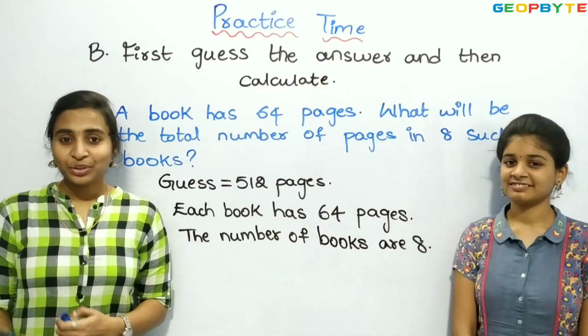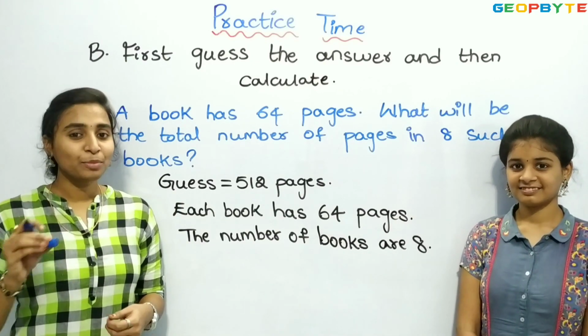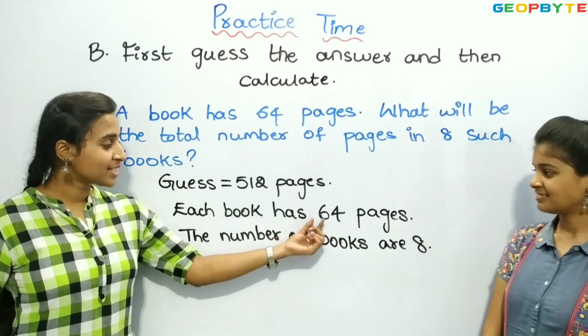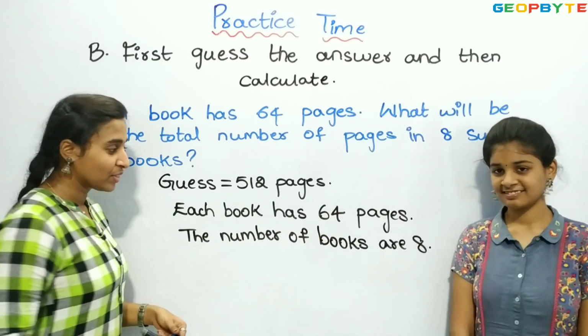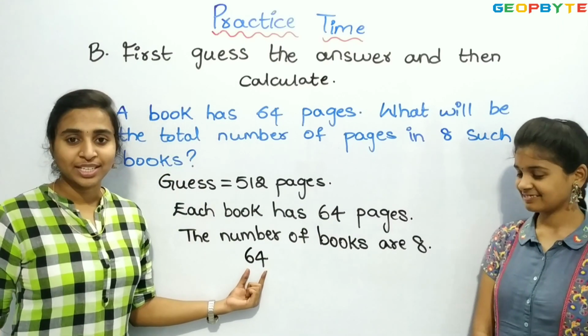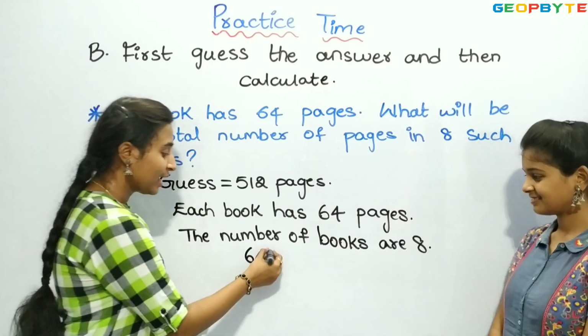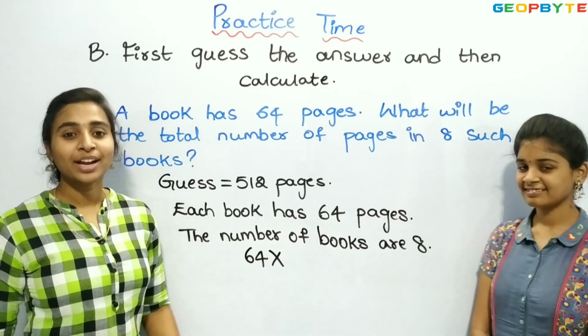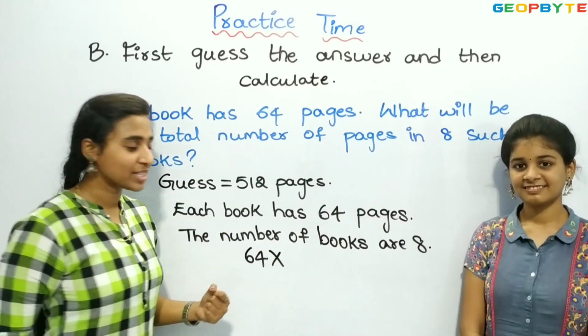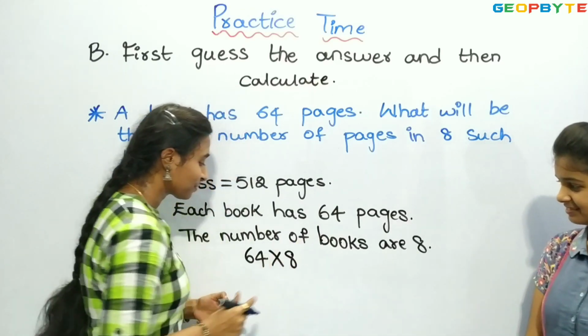Now children, to find out the total number of pages in 8 books, we need to multiply 64 and 8. That is, 64 is the total number of pages in each book into 8, the number of books.